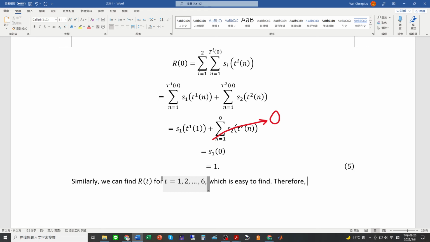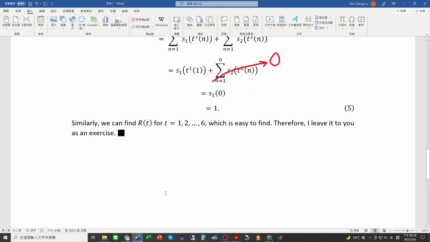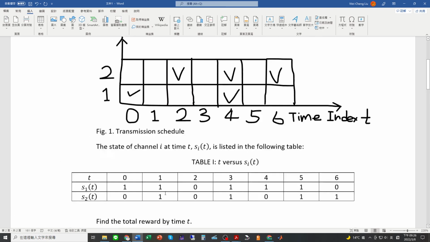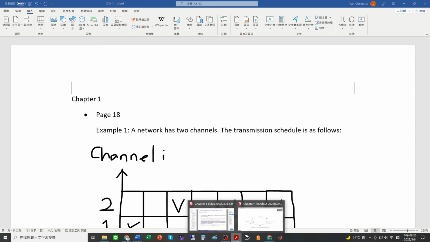Therefore, I leave it to you as an exercise. So this concludes our solution. Any questions? If you do not have any questions, let us continue to our slides.